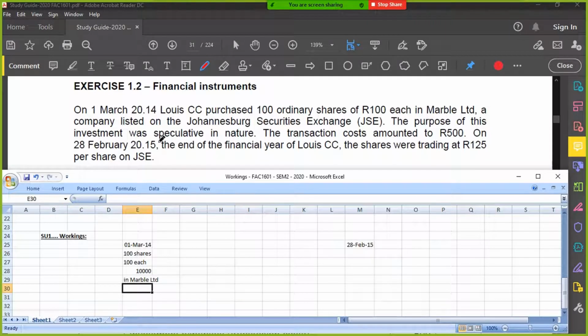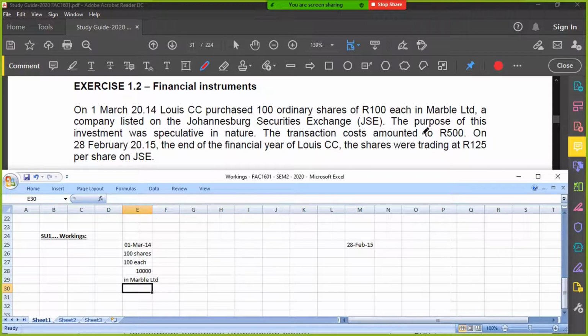That's important. If it's speculative, it means you are speculating. You are expecting the shares to increase in value. Okay, speculative means you're investing or you're trading those equity instruments with an expectation. You believe that those assets are going to increase in value, right? Which did happen in this case. So they've made the right decision.